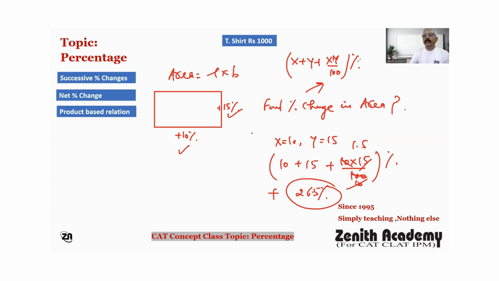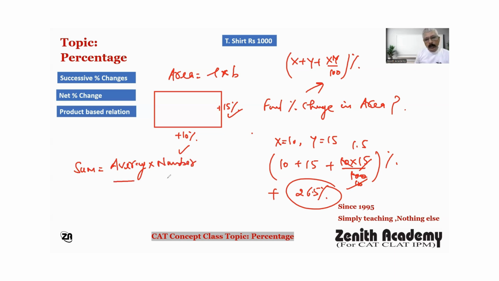So this formula is very, very helpful in all the relations where there are two successive changes, and the relation is based on a product, like area is equal to L into B, or sum is equal to average into number.